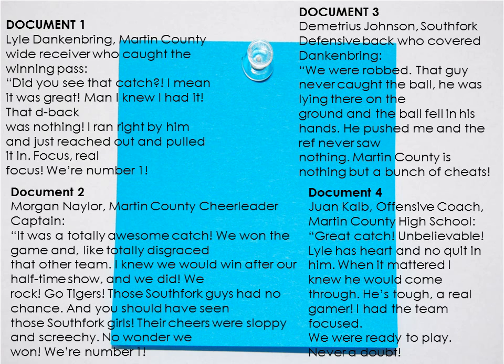So if you're going to do a point of view, you do a point of view on document one, and it would be Lyle Dankenberg caught the winning catch. He was the winning wide receiver and helped the team win to victory. Due to this, the validity of the source is not there.